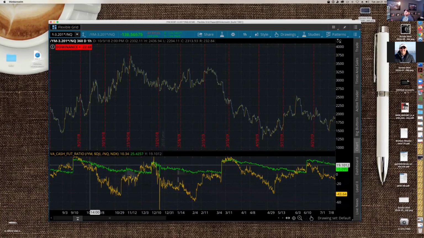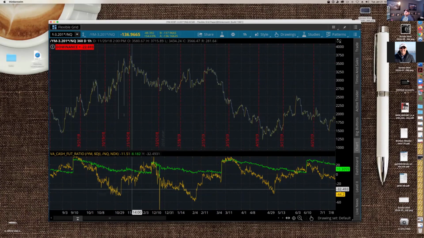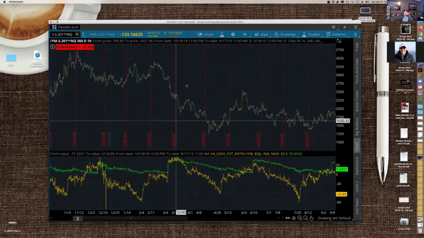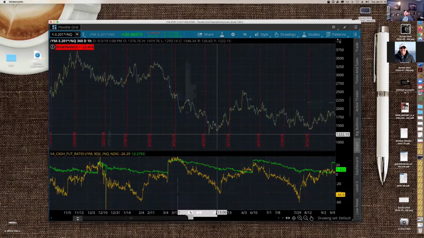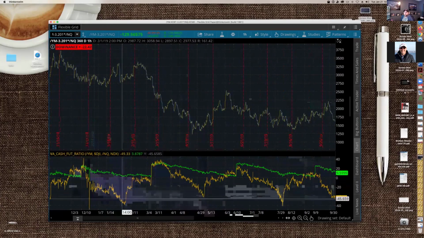So we get this YM Dow declining. We also have the NQ NDX declining. But the NDX was above the YM, and then when they converge together, the NDX is green, the YM is yellow here. And when the NDX dominates, you have this huge decline here. This is on the 1 hour, and the Dow does the exact same thing almost every single time.